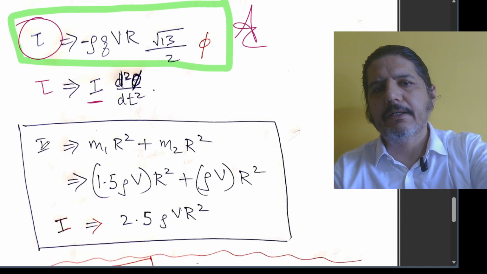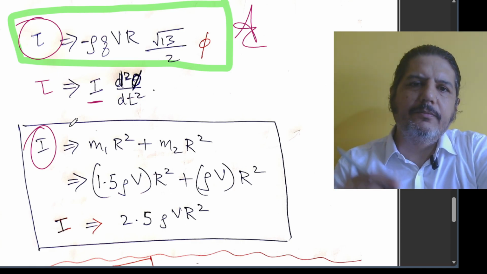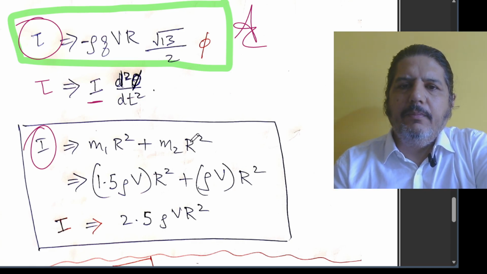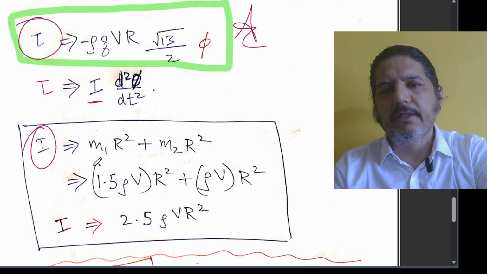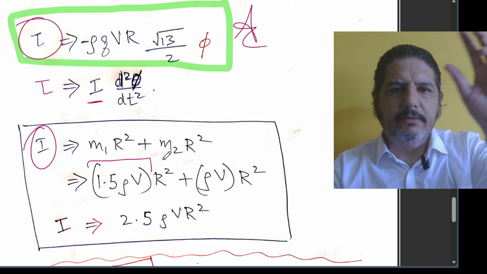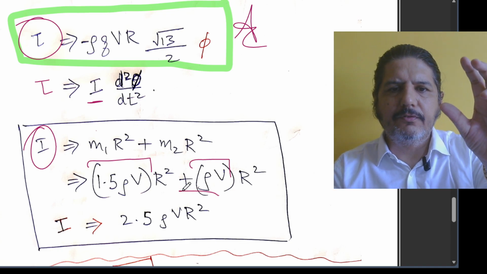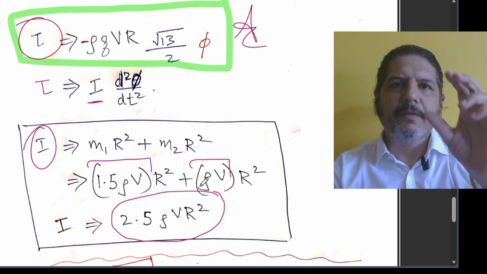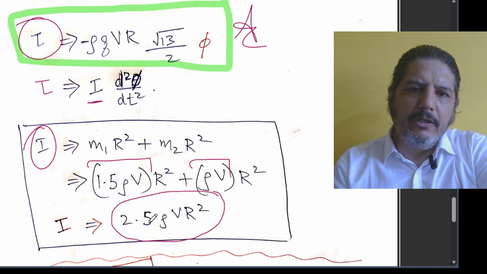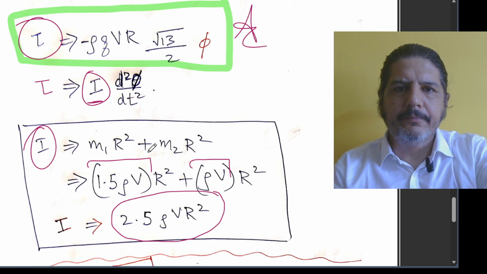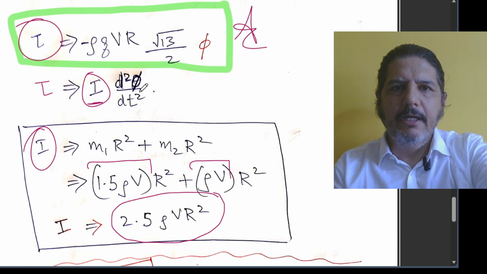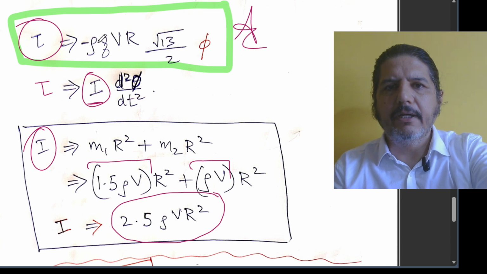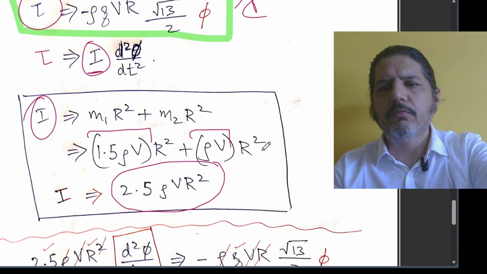The moment of inertia of the system can be written as m1 r square plus m2 r square. This is for the two liquids, and when I put the mass in terms of density times volume, 2.5 rho V r square is the moment of inertia that I get. Now this moment of inertia I'll put here, d square phi by dt square, and I have compared this with minus rho g V R root 13 by 2 phi.